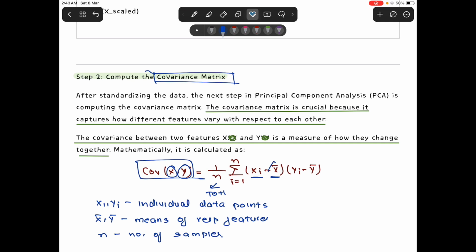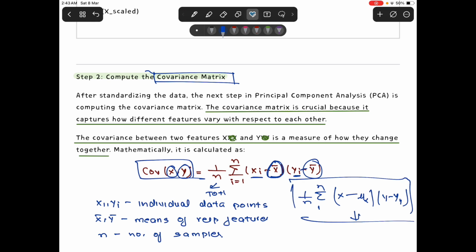So x bar is the mean of that feature, y bar is the mean of another feature, and these are the individual data points. Overall the formula is 1 by n, summation from 1 to n, of x data point minus mean of x, similarly y minus mean of y. We will be taking an example later on. So this is the formula of covariance.